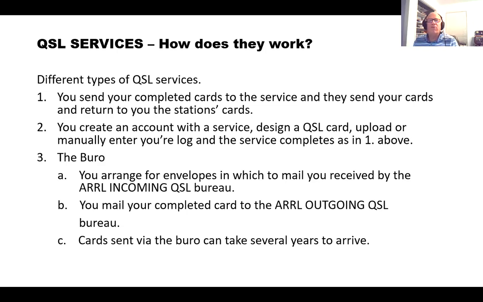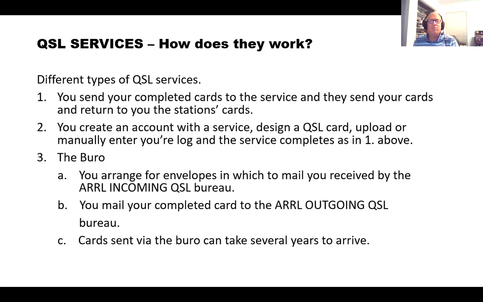There's the Fourland bureau in Florida. I don't know if it's still being handled by W3A, whose name I can't even remember, who passed away, but his wife was doing the bureau. You'd have to go into the ARRL site and see who's handling it.